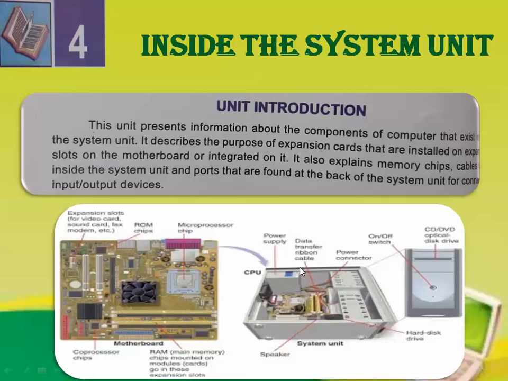So look, you have a CPU. Whenever you open your CPU, you can see there is a main board. That board is called a motherboard, and on that motherboard we have different components. When we combine different components, these components make a system. So this is a complete computer system.